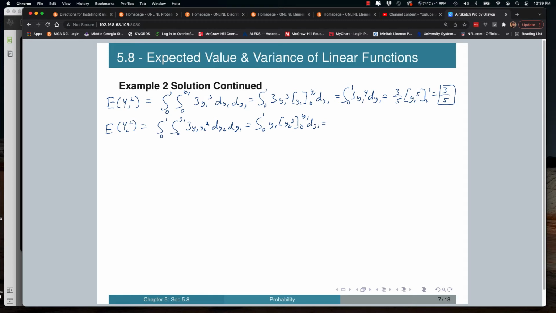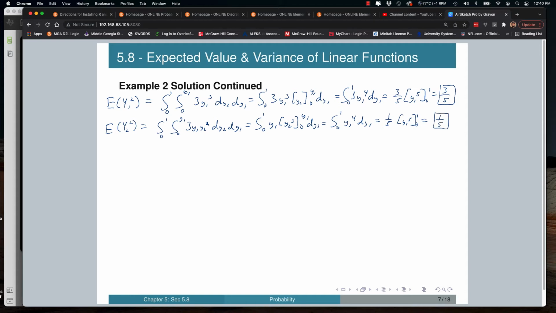That cleans up to the integral of 0 to 1 of y sub 1 to the 4th power, because y sub 1 cubed is what we get when we plug in, and then y sub 1, dy sub 1. That just equals 1/5, y sub 1 to the 5th evaluated from 0 to 1. So we got that. We need that later.